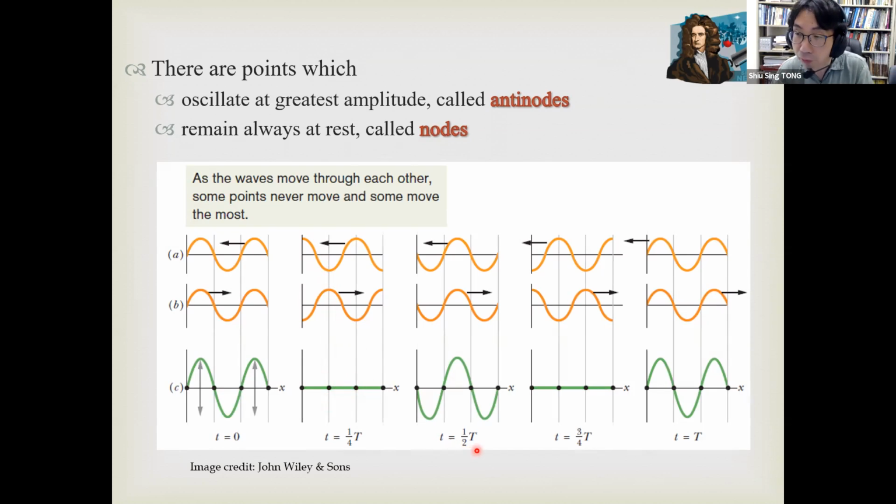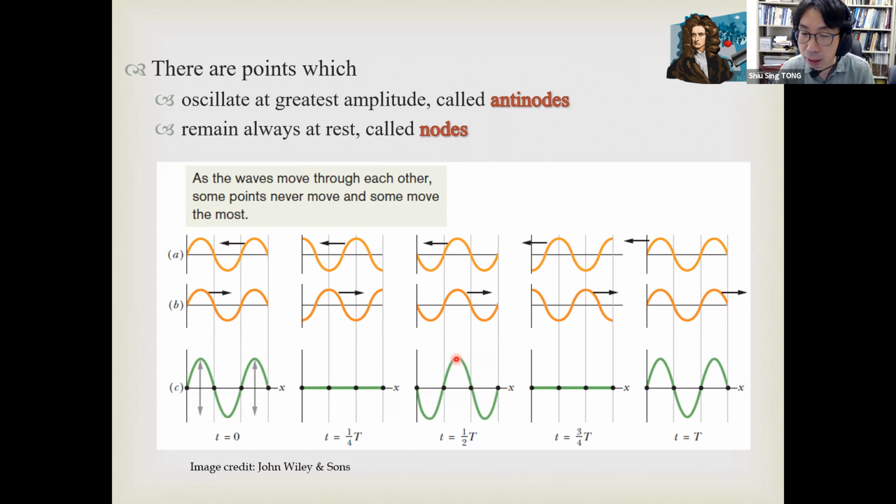Then after another quarter of a period, making half a period in total, the two waves will be superposing constructively again. The peak corresponds to the peak, the trough corresponds to the trough. So it results in another maximum disturbance. But this maximum is different from the maximum at t equal to 0. At t equal to 0, these two are peaks and the middle one is the trough.